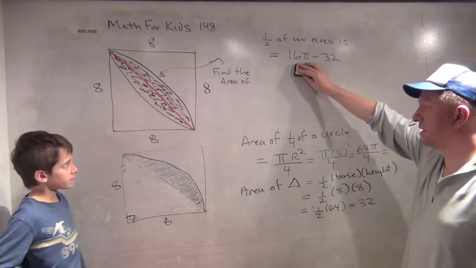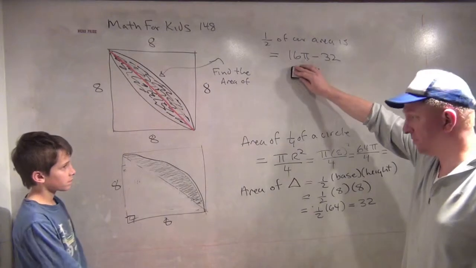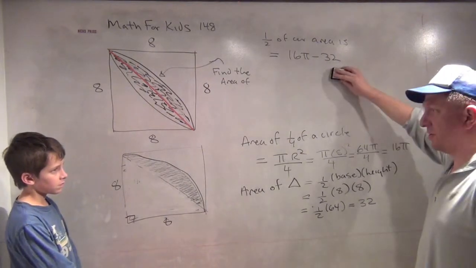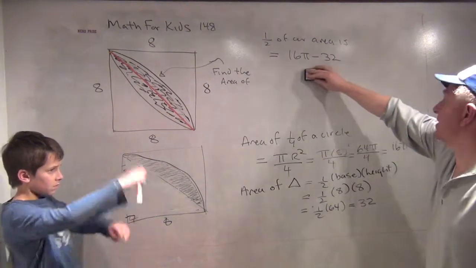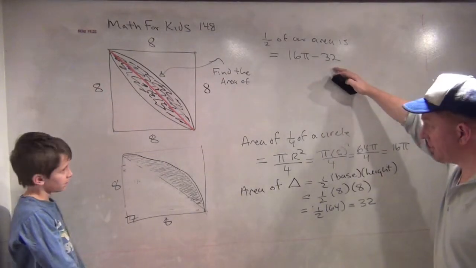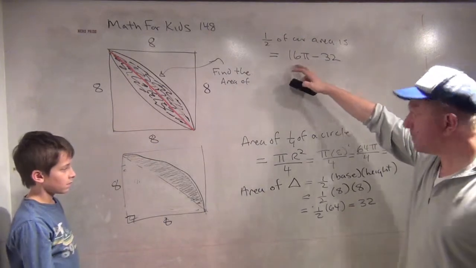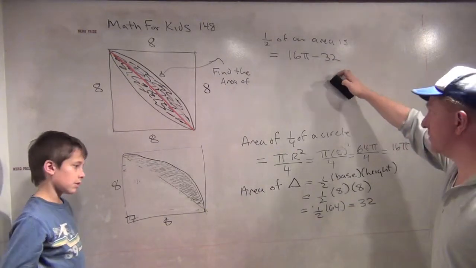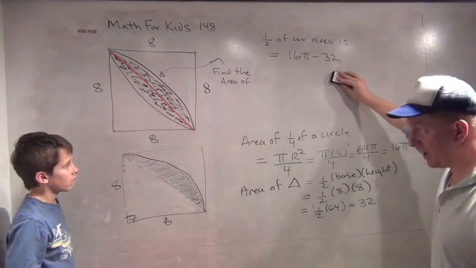Right, 16 times 3 is 48, so 16 pi is bigger than 48, and 48 minus 32 is positive. So at least this makes sense. Like if we got 16 pi minus 100, that'd be a problem. Or if we got 3 pi minus 32, that would be a problem. But 16 pi minus 32 at least seems okay.